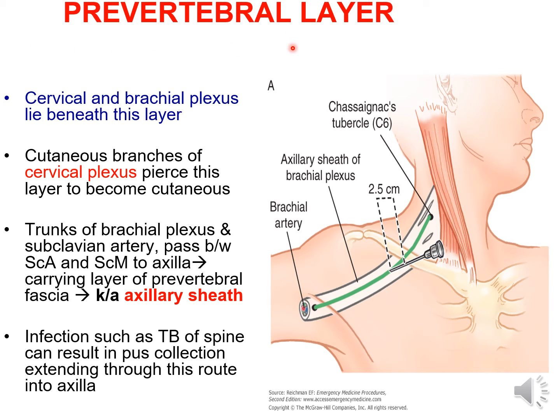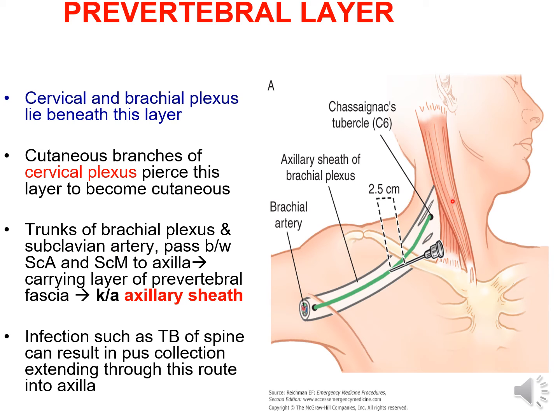The cutaneous branches which were supplying the neck were the branches of the cervical plexus. So in order to become cutaneous, they pierce this prevertebral layer. Also, as you have already read about the brachial plexus, you know that the trunks of the brachial plexus and the subclavian artery pass from the neck to the axilla.